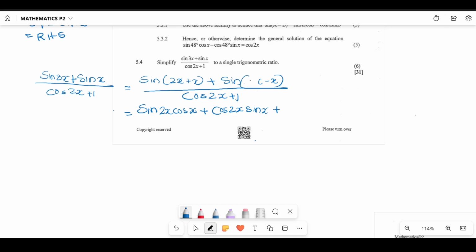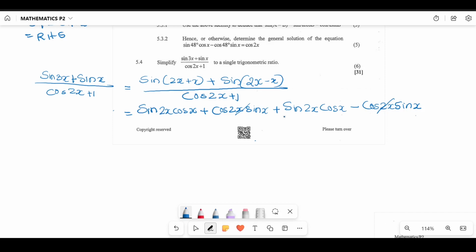Sin(2x minus x) will only give you x. Okay, so this is sin 2x cos x minus cos 2x sin x. So we can already see these two can cancel.